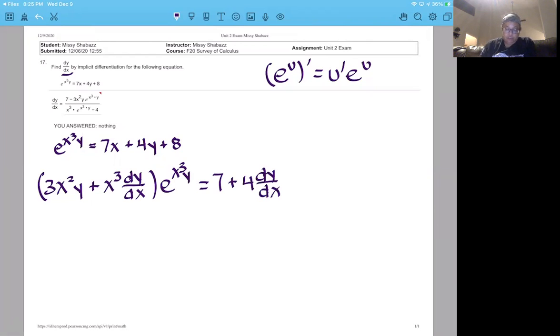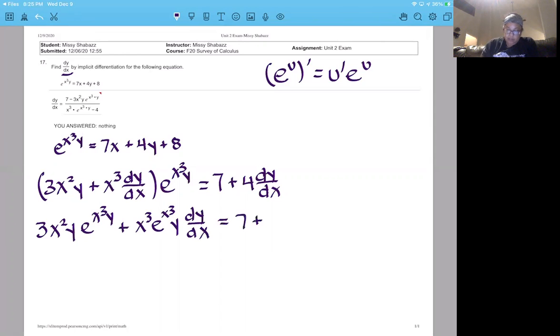All right, let's go ahead and distribute this e to the x cubed y on the left so that I have a 3x squared y e to the x cubed y plus x cubed e to the x cubed y dy/dx equals 7 plus 4 dy/dx.